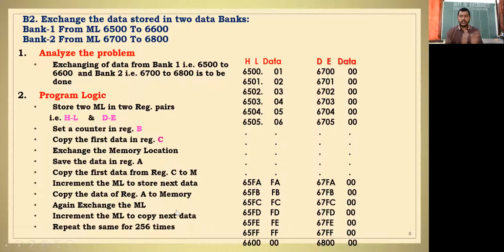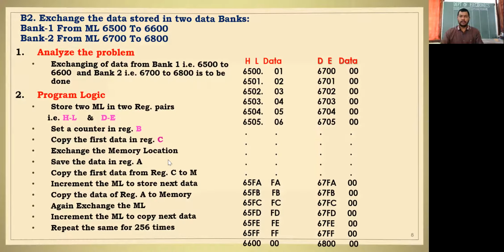So this was the logic we are supposed to use, right? Just these two are to be interchanged. Again, the exchange of memory location should come first, and then copy the first data to the initial memory bank. So register A is to be added, right? These are the steps we have to proceed with.